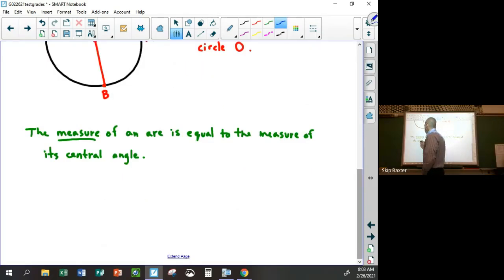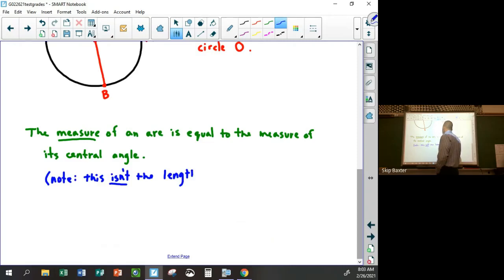So this is a note. The measure of an arc isn't the length of the arc. We can definitely calculate the length of an arc. We can calculate circumference. It's just some percentage of circumference, right? But this is something different.